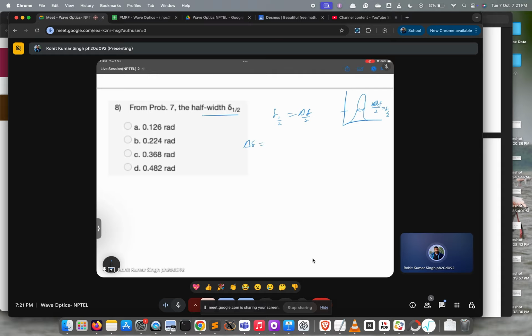So we know that delta lambda is 4 by under root of f, right? So half width is delta lambda by 2, so it will be 4 by 2 under root f, 2 by under root of f. What is 1 by root 2?